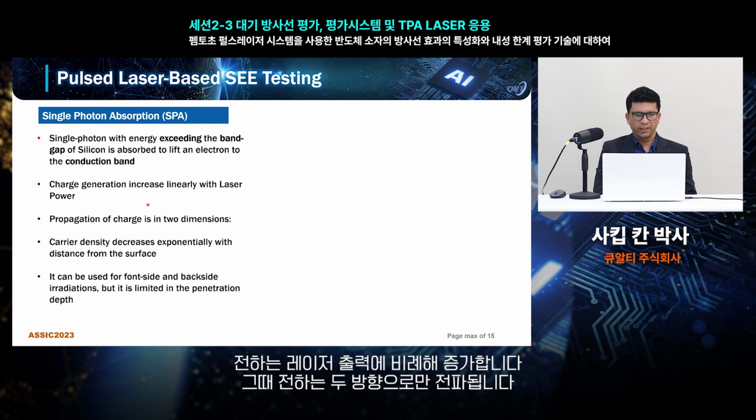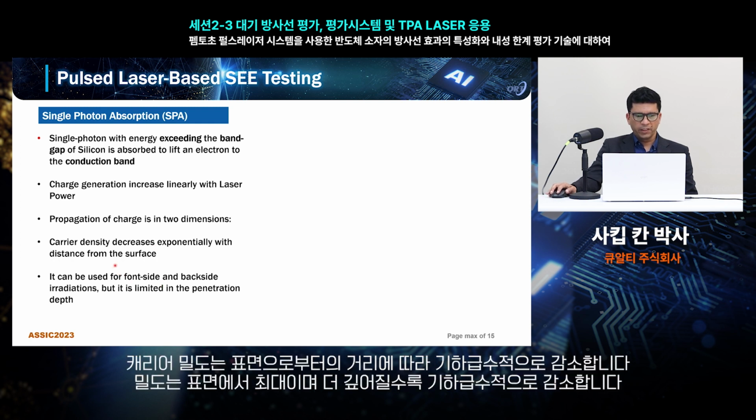Charge generation increases linearly with the laser power, and the propagation of charge takes place only in two directions. Carrier density decreases exponentially with distance from the surface. Its density is maximum at the surface, and as we go deeper, it attenuates exponentially.